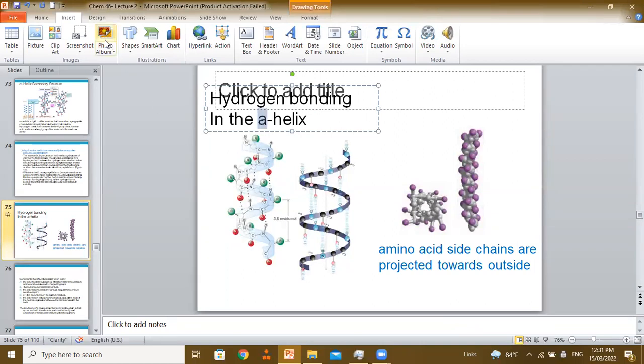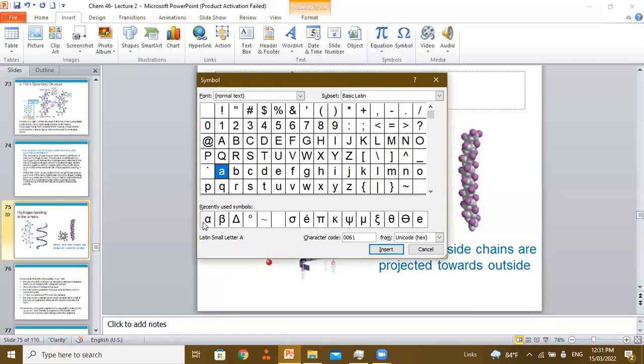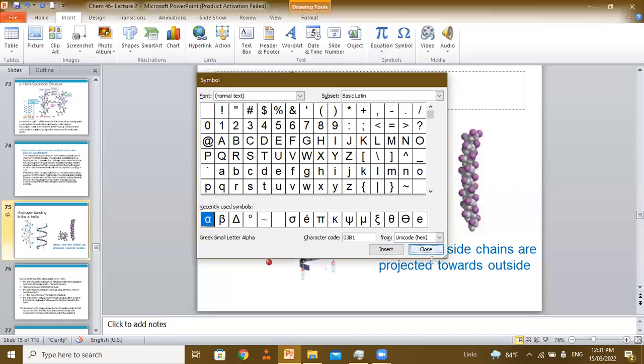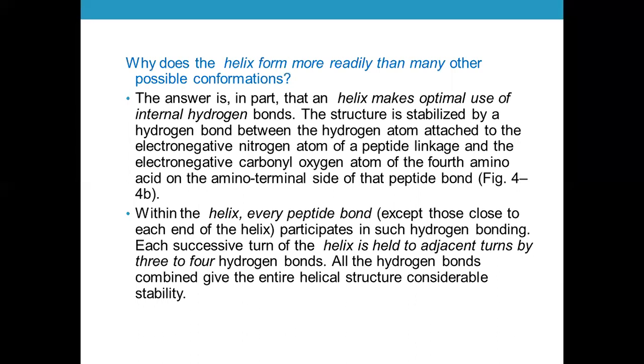Again, this alpha helix is stabilized by the hydrogen bond between the hydrogen of the amino acid and the C double bond O, the oxygen of the carbonyl oxygen atom of the fourth amino acid.